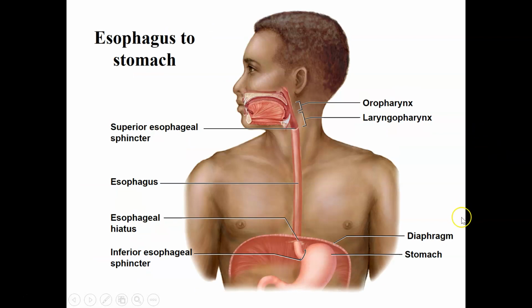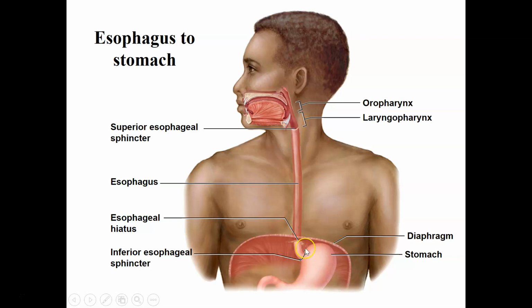So now we're looking at this diagram, which just shows the stomach with respect to the diaphragm and how the esophagus runs through the esophageal hiatus and joins with the stomach at the esophageal sphincter, gastroesophageal sphincter.